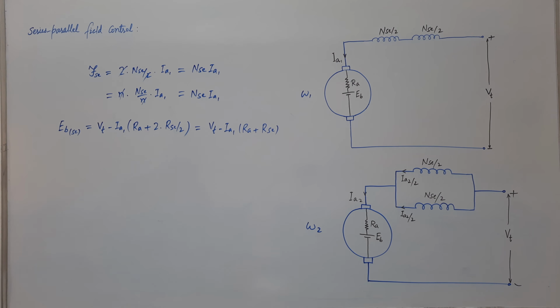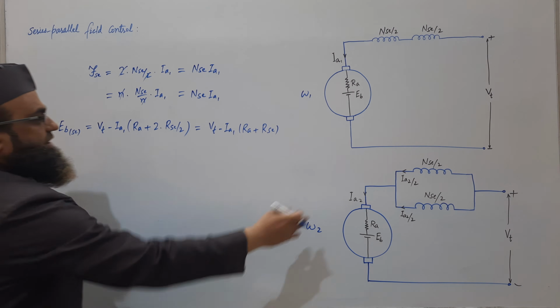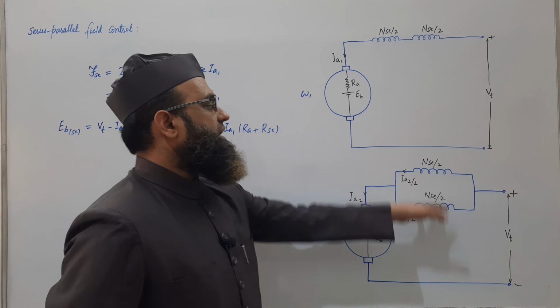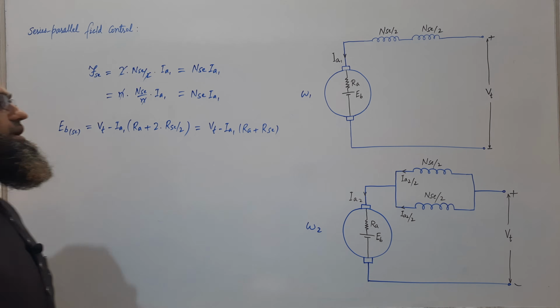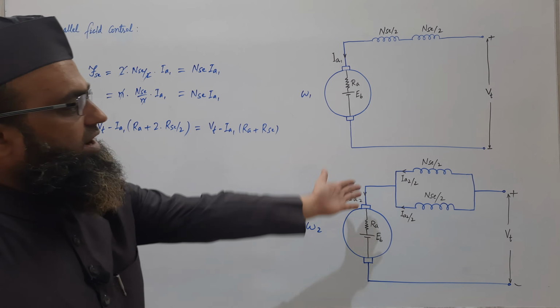Similarly, for the parallel case, first take the simple case when the series field winding is divided into two equal turns and connected in parallel.